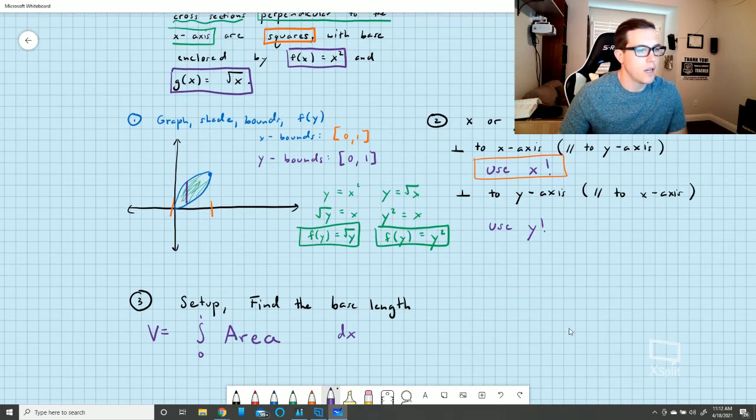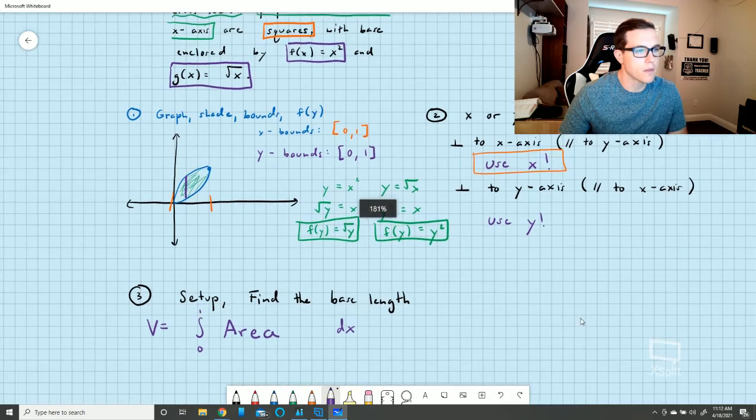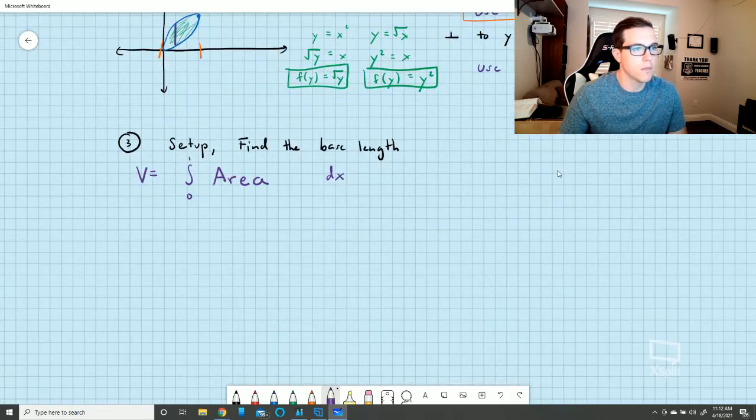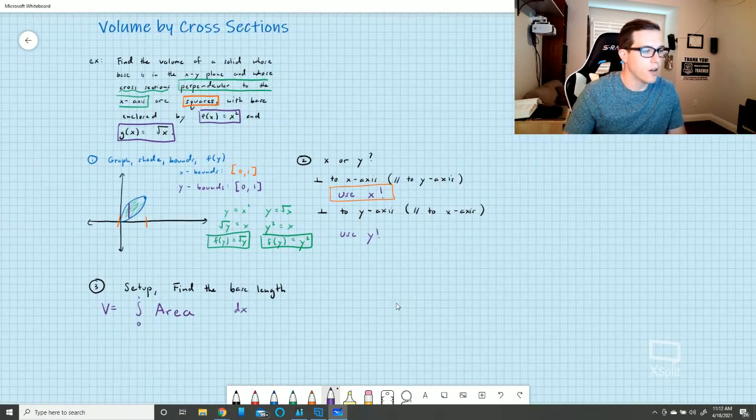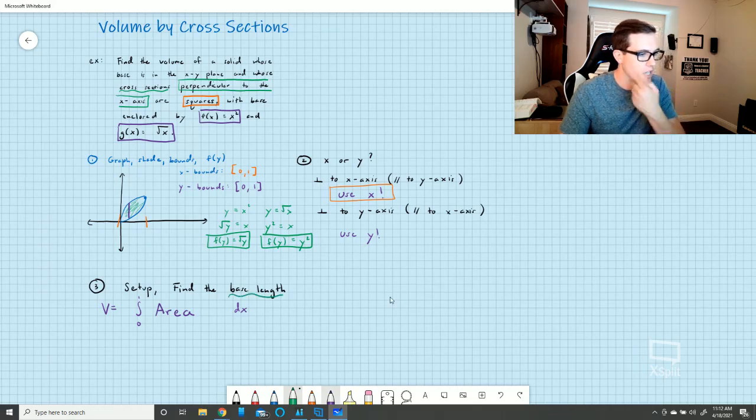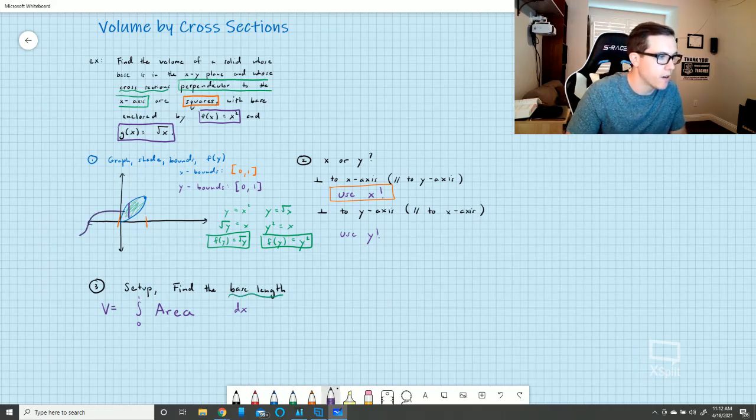So we set up the equation that we're going to be using. And now we're going to find what I call the base length. And the base length is just the length of this segment right here. So this is your base length. Well, when we're dealing with x, it's just like we did with area.